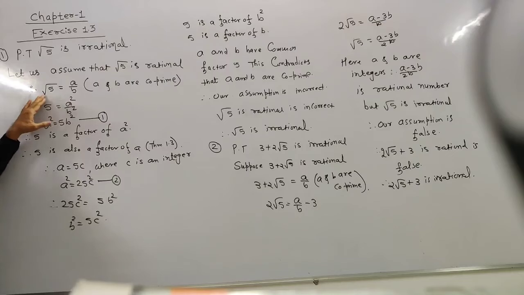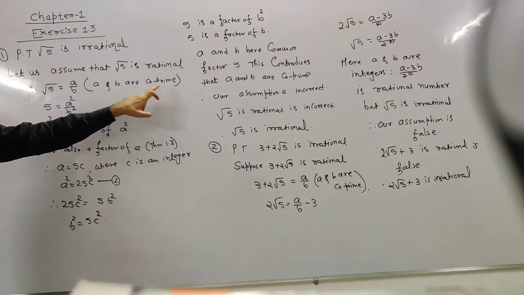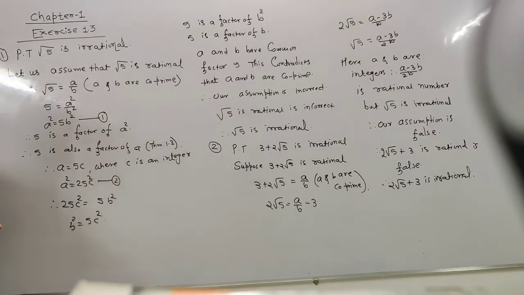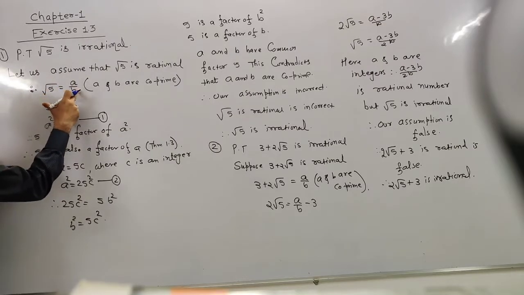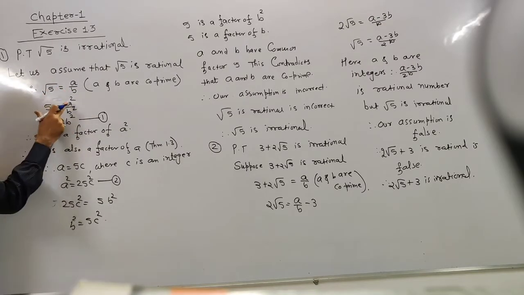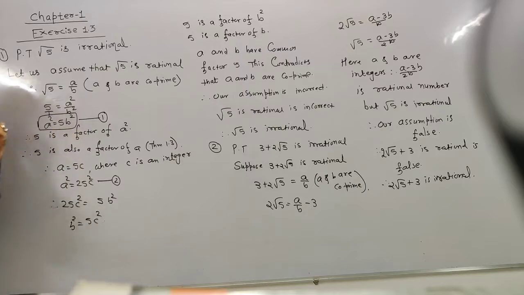So we can write under root 5 is equal to a by b, where a and b are co-prime numbers. When you square on both sides, you get under root 5 squared, meaning 5, is equal to a square upon b square. So you can write a square is equal to 5b square, box number 1.